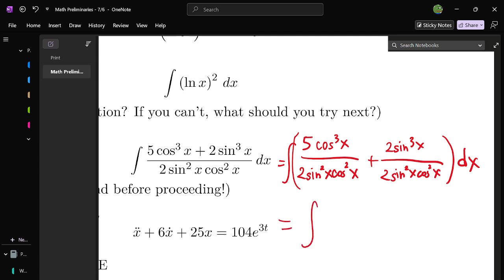Then with that, you can just deal with each one separately. So you can do a bit of cancellation and cleaning up.